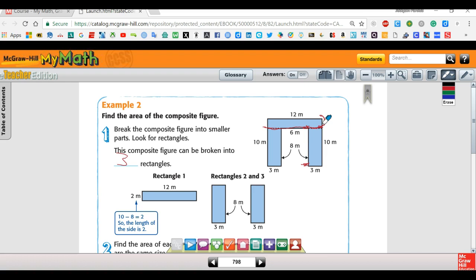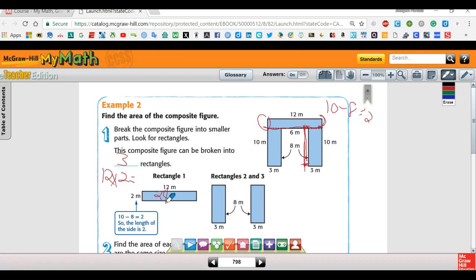So they took this section right here, which was 8. The whole thing was 10, so they went 10 minus 8 equals 2. That's how they got this little section there. Okay? So again, 12 times 2 equals 24. So the area for this rectangle would be 24.